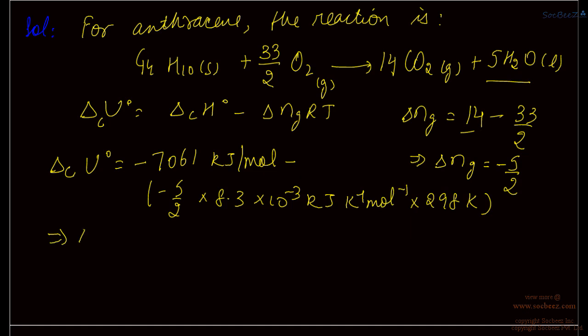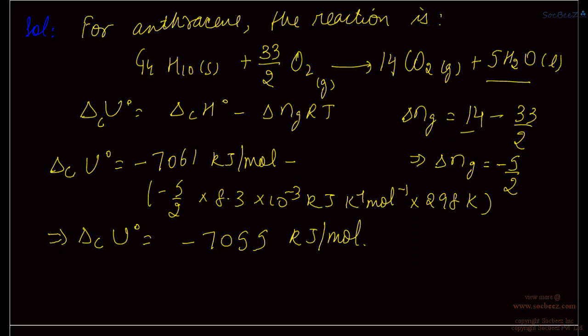So from here the value of delta U is minus 7055 kilojoule per mole.